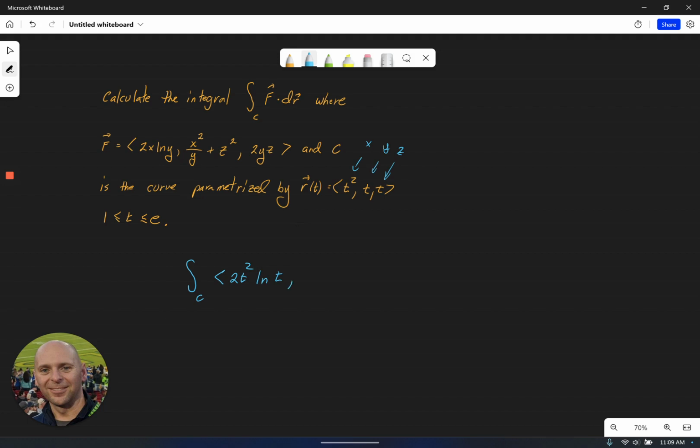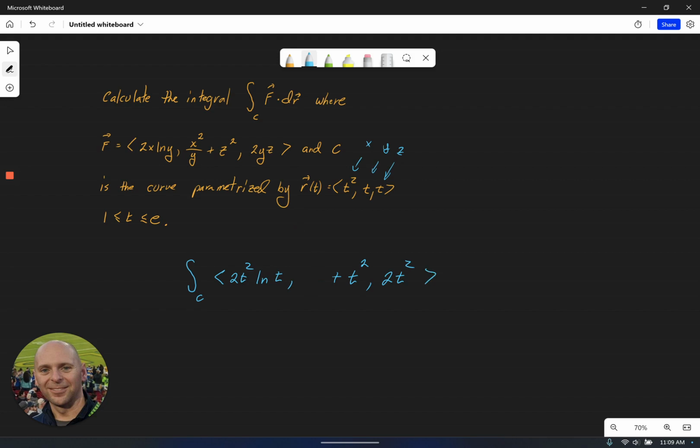Next component: x squared, so that means t to the fourth, over y, which is t, so that'll reduce down to t cubed, plus z squared, and z is equal to t, so that's t squared. And for the R, we get 2yz, so that's 2t squared, since y and z are both t.